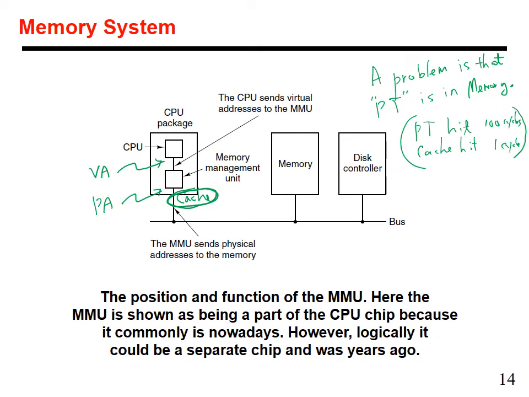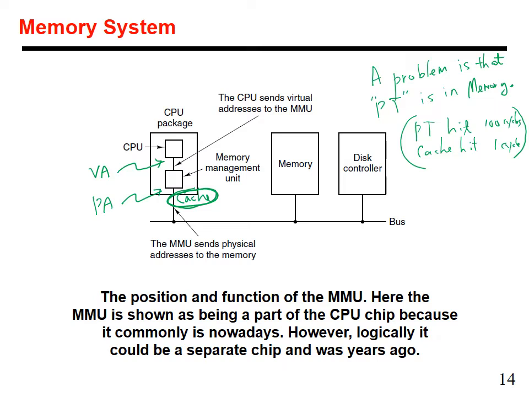Then the memory management unit is translating, handling the page table and all the corresponding logic, and producing the physical address. Of course, the cache is probably after the memory management unit and the bus. Part of the cache is inside the CPU, and part of the cache is outside the CPU: level 1 cache, level 2 cache, and so on.